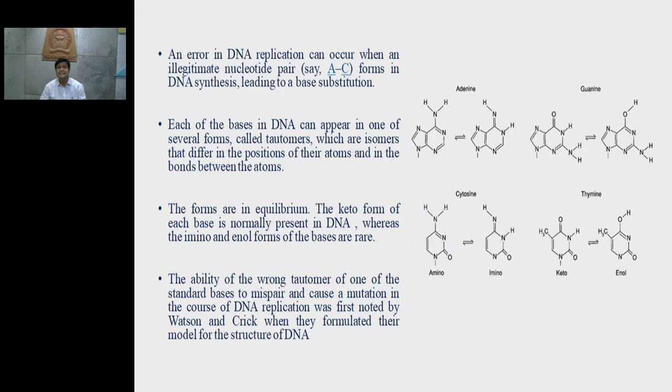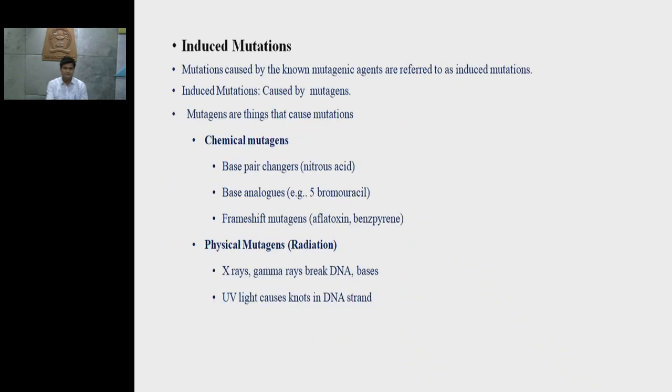But the thing is that the nucleotide can pair with an abnormal or unusual Watson-Crick pair. So the ability of the wrong tautomer of one of these standard bases to mispair causes a mutation in the course of DNA replication. This was first noted by Watson and Crick.